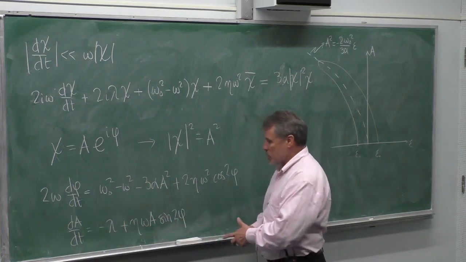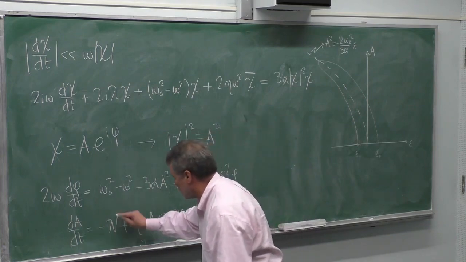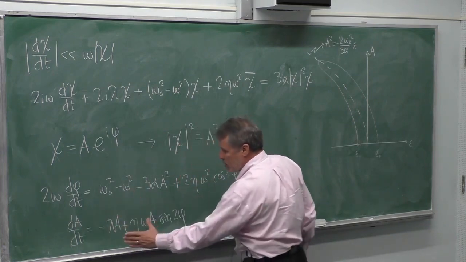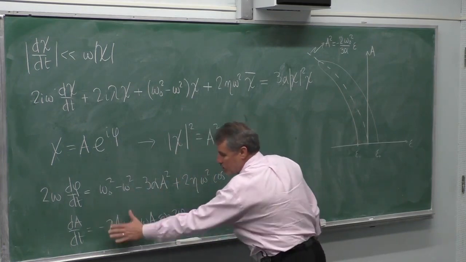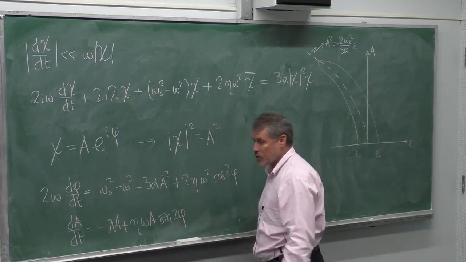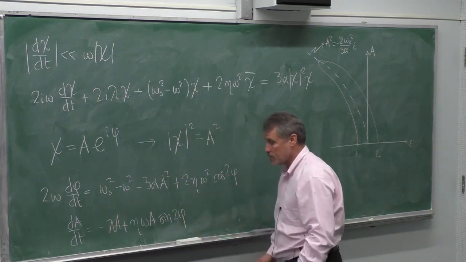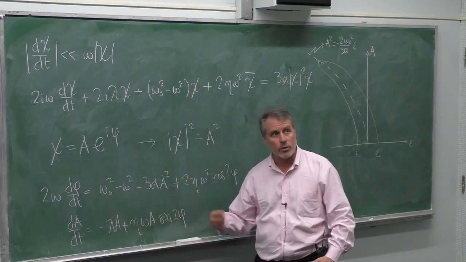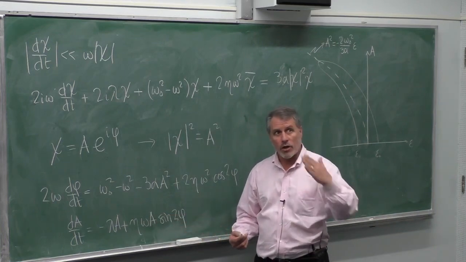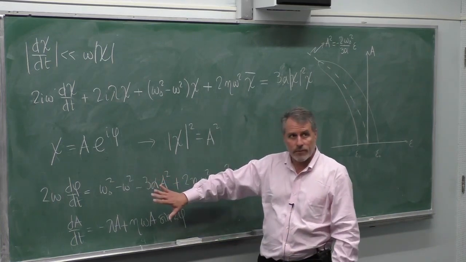So there's an amplitude for which the phase is constant, but for which this term on the right hand side is a positive term. The coefficient of the amplitude is positive. So we have growing solutions with constant phase.